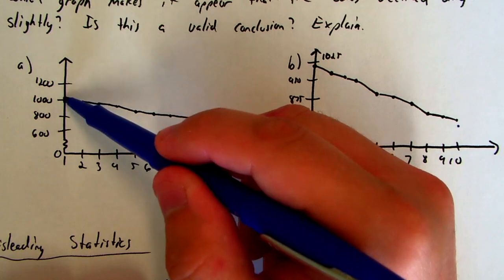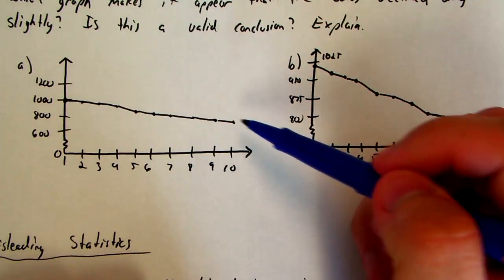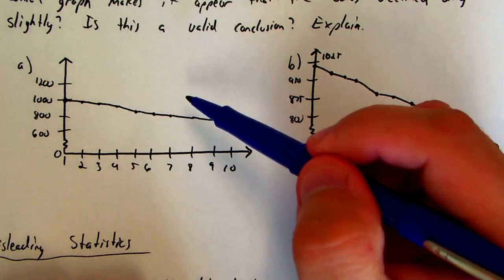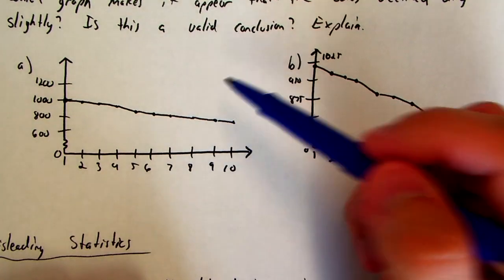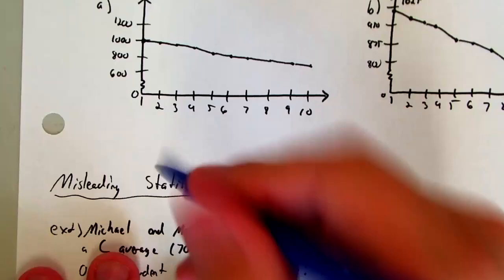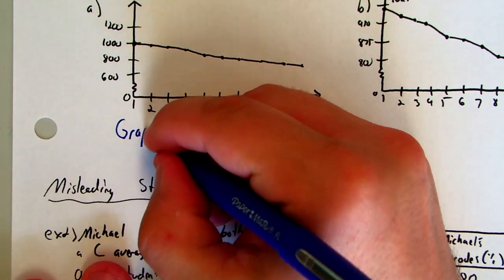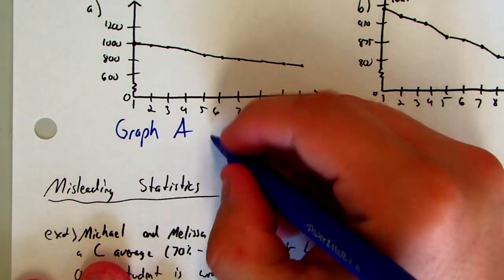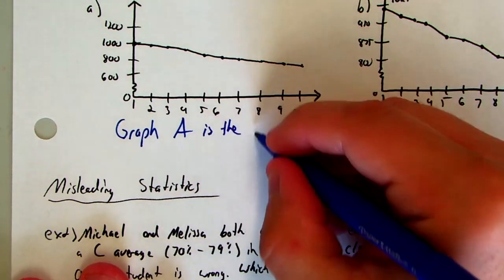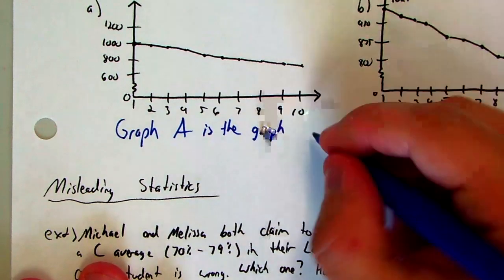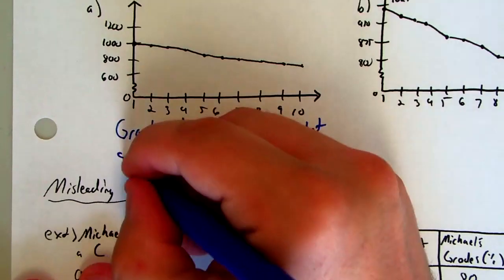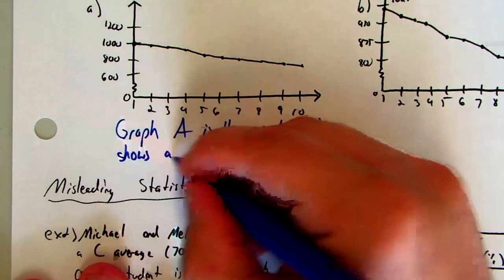We can still see that from the beginning to the end, we've decreased, but it doesn't look as bad. So A is the graph that shows a smaller decline.